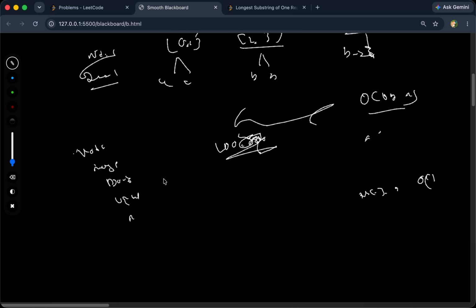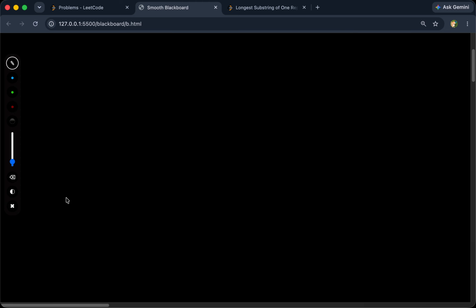So let's revise one last time. We have a string, for example BB, and then we get queries that change one character. After every change, we need to find the longest substring containing only the same character. So why do we need a segment tree? If we check the whole string after every query, it can be too slow, so we divide the string into segments using a segment tree.